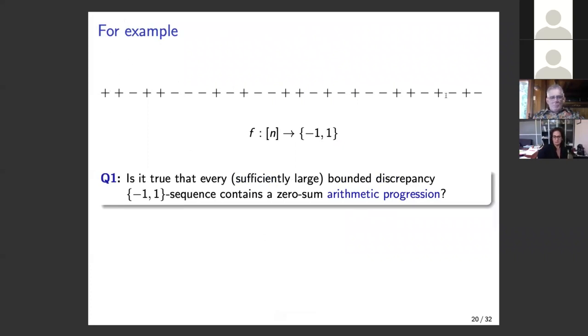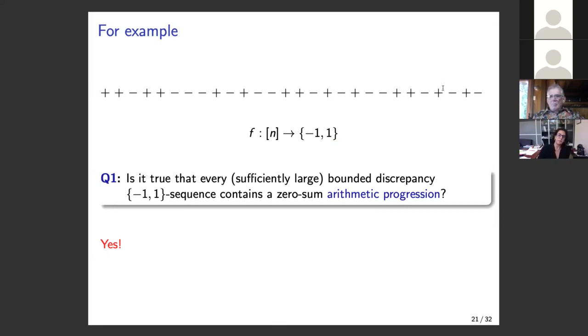This is a very natural setting where the universe is a set of integers, and the typical structure to study is arithmetic progressions, as in van der Waerden's theorem. We studied this problem in this setting. It happens that the answer to this question is yes.